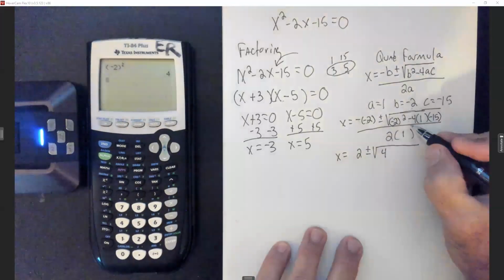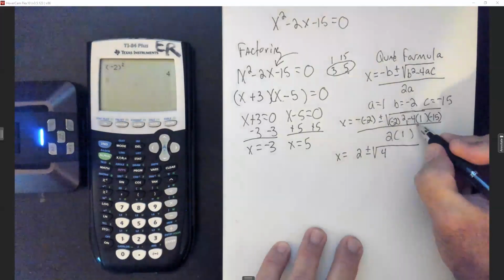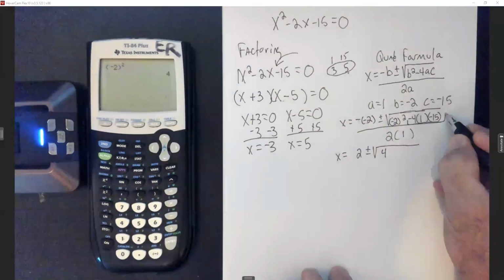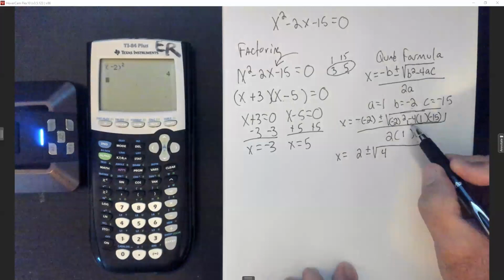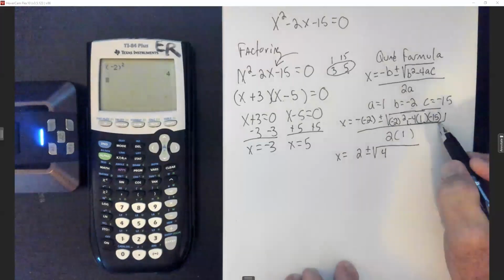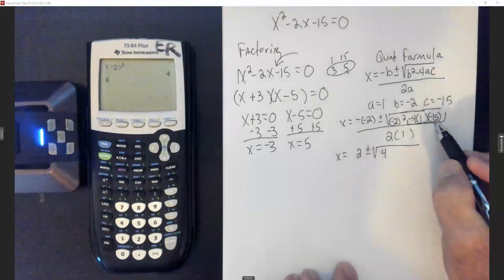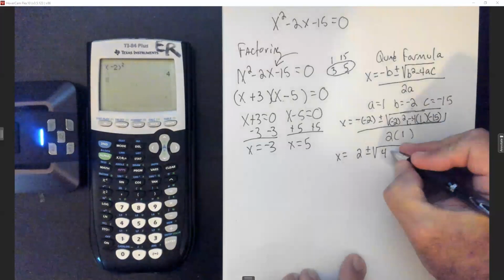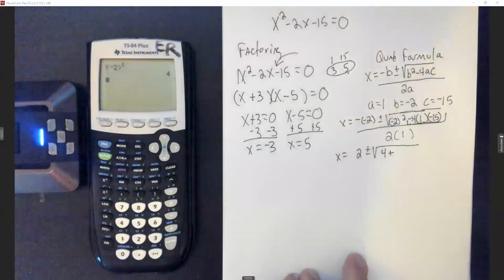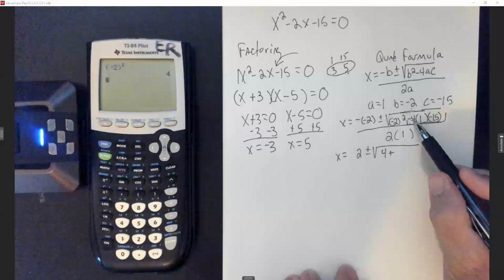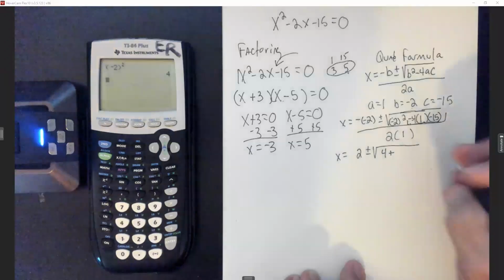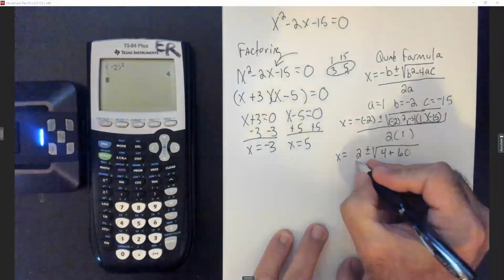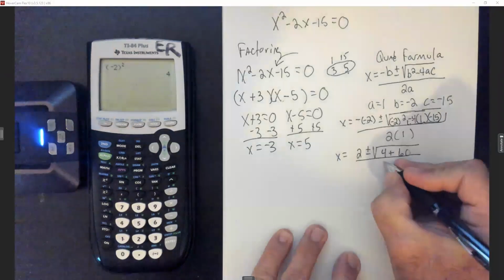Now, everything on the right side is being multiplied. So the -4 times the 1 times -15. So a negative and a negative is going to make that whole side positive. And then 4 times 1 is 4. 4 times 15 would give me 60. All of that's over 2 times 1 is 2 on the bottom.